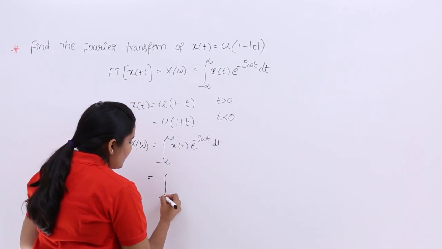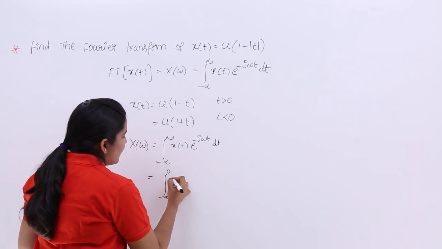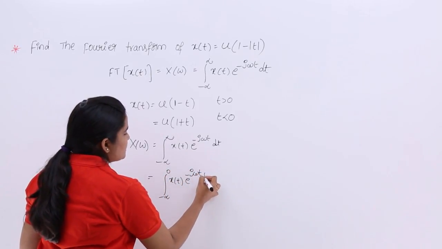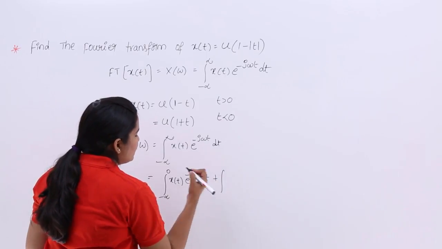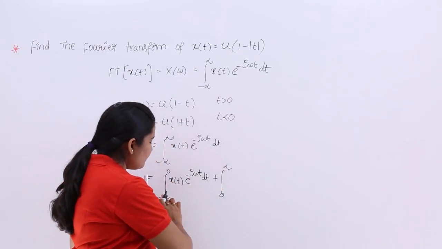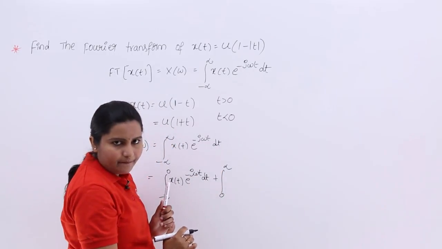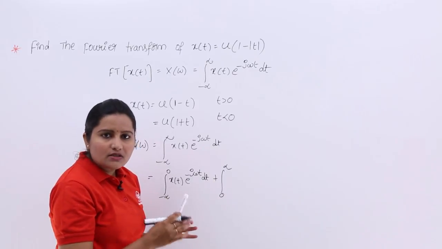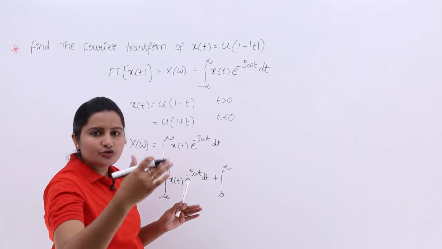So, here minus infinity to 0 of x of t into e power minus j omega t dt is one integral, and another integral we need to calculate is from 0 to infinity. We covered from minus infinity to infinity, but we split it into two because the signal is not the same from minus infinity to infinity.